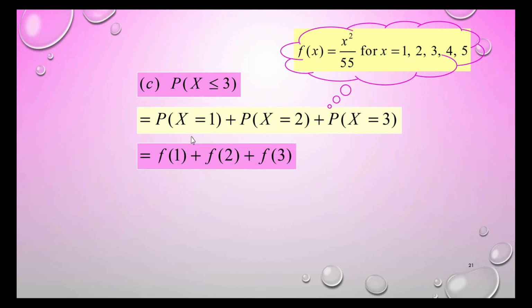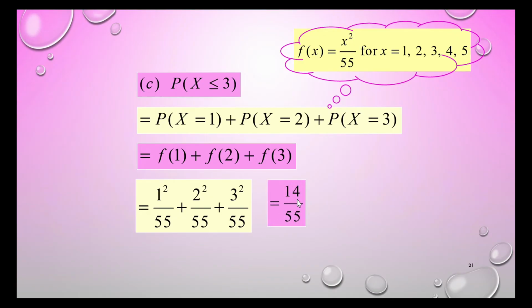So, P(X = 1) is f(1), P(X = 2) is f(2), P(X = 3) is f(3). We just substitute x equals 1, x equals 2, x equals 3 into the given function. So, the answer is 14 over 55.